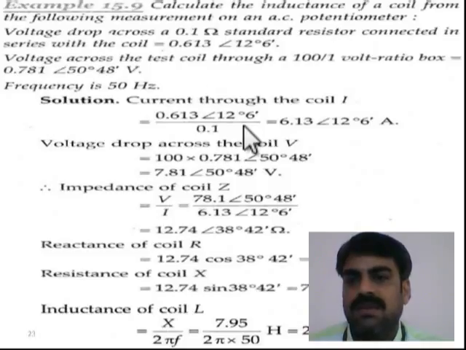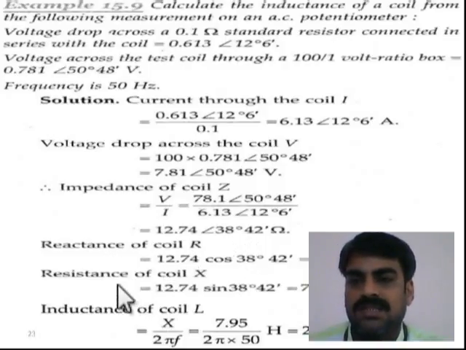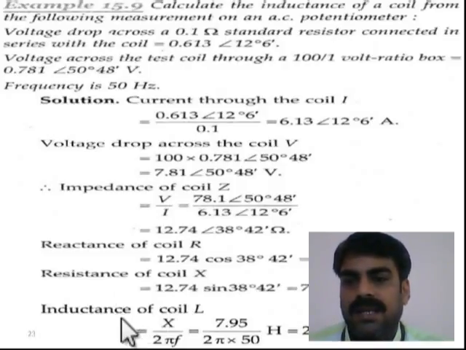Straight away, since there is a voltage ratio box, the obtained result should be multiplied by 100. It's a scaling factor, and we already have the expressions for reactance of the coil and resistance of the coil. So directly we can use those formulas to calculate the values, and finally we can find the inductance of the coil. It's X upon 2 pi f that will give us the inductance.